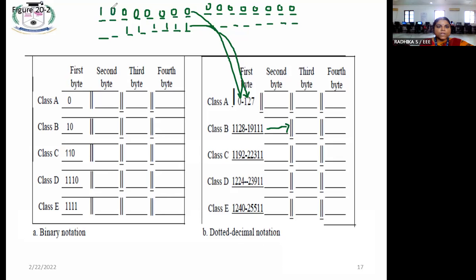So it could be any number ranging from 1, 0 with all zeros to 1, 0 with all ones. If you convert this into the equivalent decimal, you will get the number 128 to 191. So when it is illustrated in dotted decimal notation, you can identify the particular class in classful addressing.